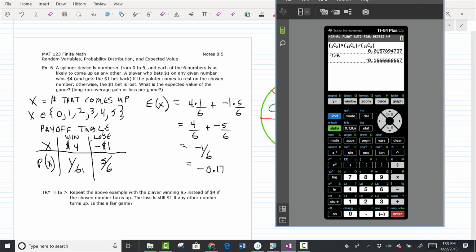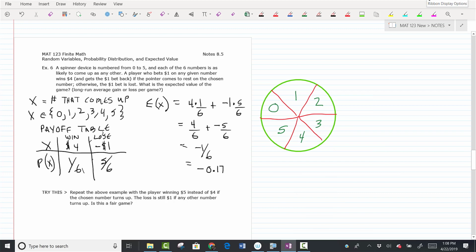Okay, so here's what this means. In the long run, are you going to win money on this game or lose money on this game? You're going to lose. You know how much you're going to lose? If you played this game like a million times, you would probably end up losing 17 cents. That's what that means. Now, that's the way casinos operate.